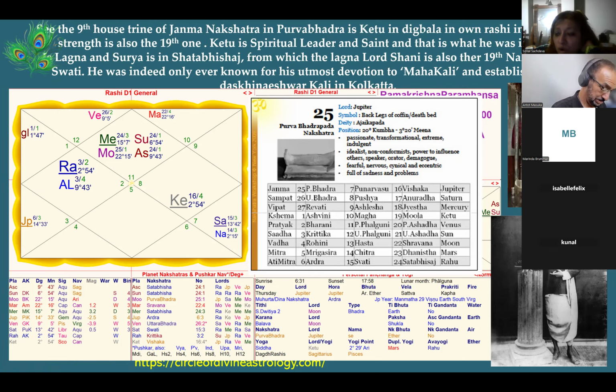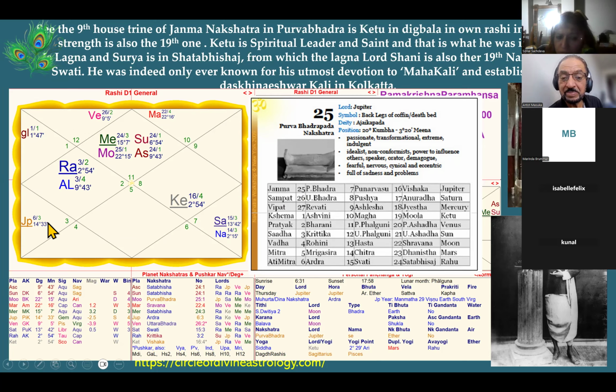Now I'll give you one more homework. Find out which other trinal constellations ruled by a particular planet have this, like we saw here with Jupiter. If you take Purva Bhadra, part of it is in Aquarius and the others lie in Pisces.